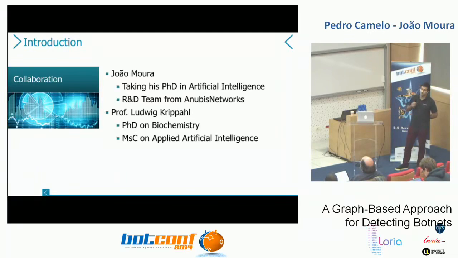He's originally from biochemistry, and he has a master's in applied artificial intelligence, which goes to show that this cross-pollination can really be interesting. So we can use different skill sets from different areas, and when we apply these skill sets to computer security, in this case, we get nice results.